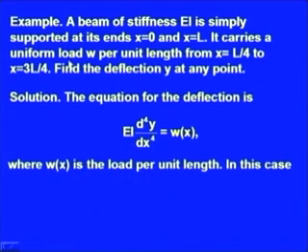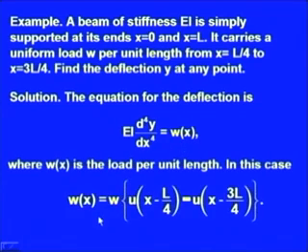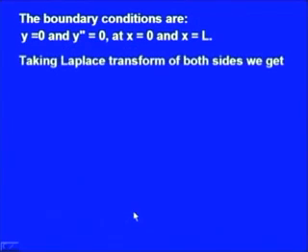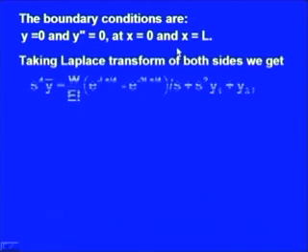In this case, we are given that the beam carries uniform load W per unit length from x equal to L/4 to 3L/4. So, W(x), the right hand side of this equation, will be equal to W times [u(x - L/4) - u(x - 3L/4)], and the boundary conditions, because the beam is simply supported at both its ends, are y equal to 0 and y double dash equal to 0 at x equal to 0 and x equal to L.